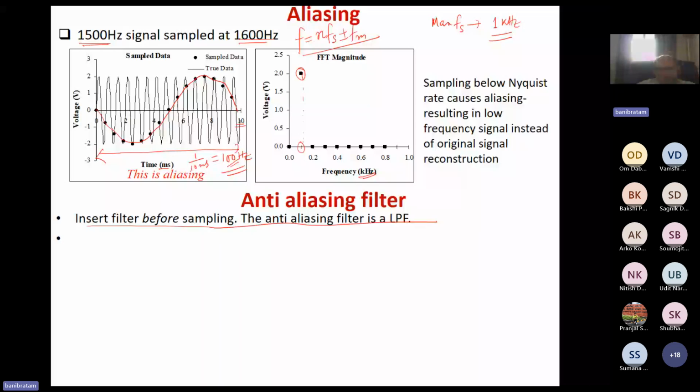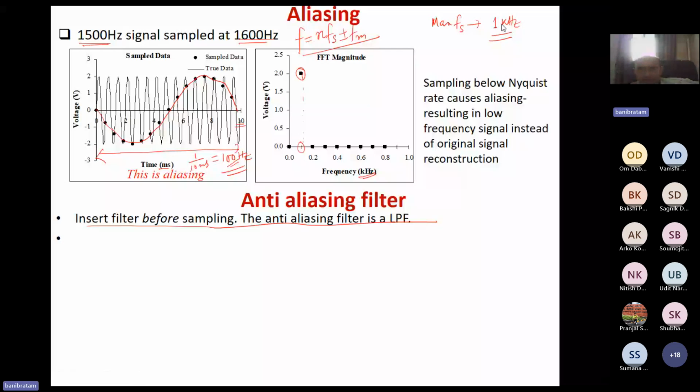I have to use this low pass filter before the sampler, with the sampling frequency set at 1 kilohertz. The signal going to the sampler should be restricted to what value so that, using a maximum of 1 kilohertz, I will get an aliasing-free output?